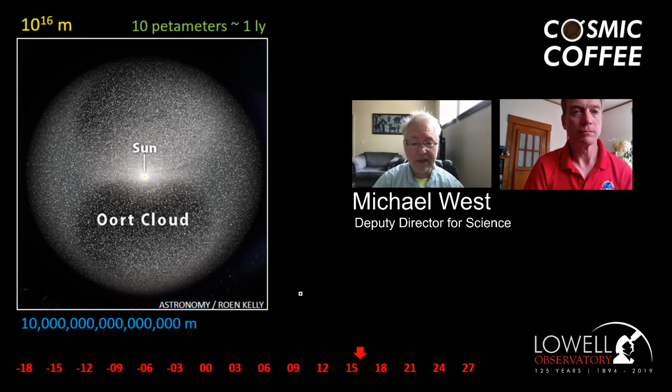Yeah, so to put it in perspective, we said a minute ago it would take 5 hours for sunlight to reach Pluto. To reach the Oort cloud will take weeks or months, even years, to reach the outer edge of the Oort cloud.